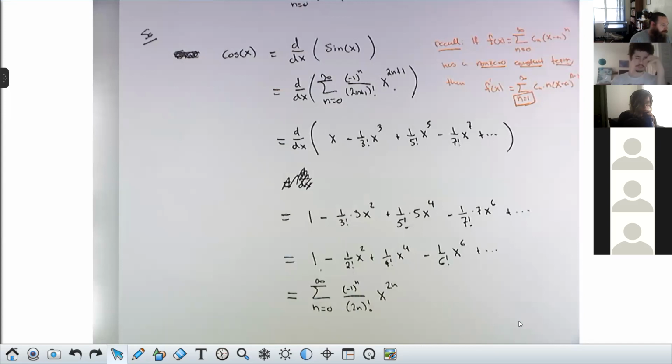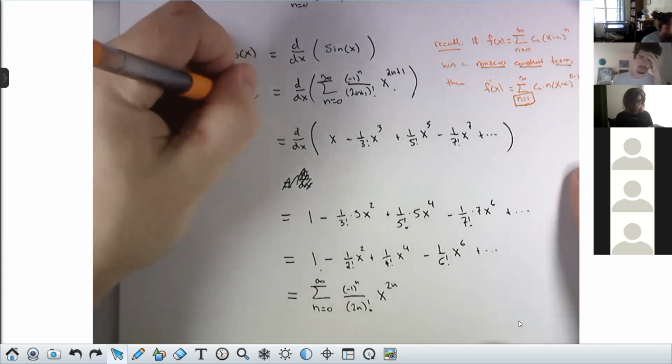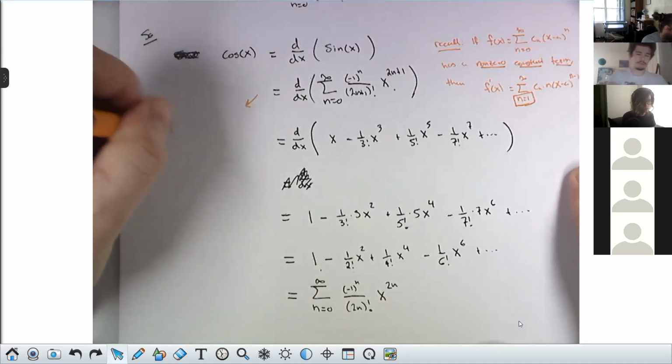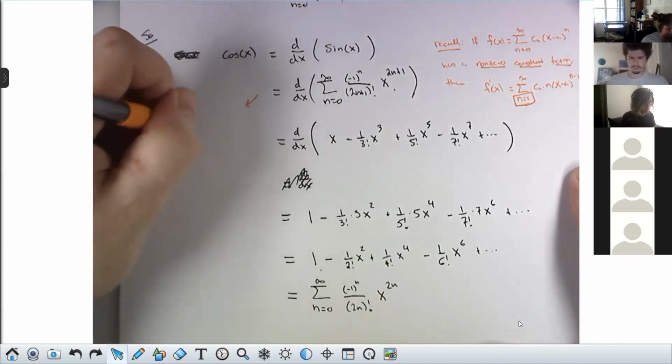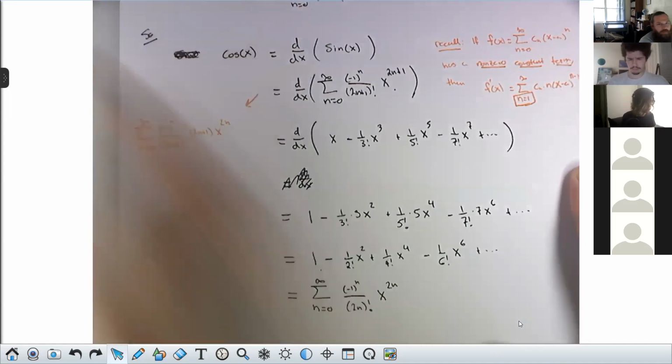This could be done in sigma notation. Again, if you wanted to see what this looked like in sigma notation without writing it out, the next step here would look like sigma n from 0 to infinity. I don't bump the starting index because this doesn't have a constant term, over 2n plus 1 factorial times 2n plus 1 times x to the 2n.